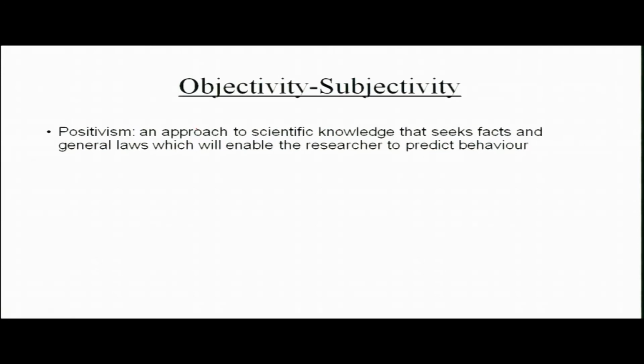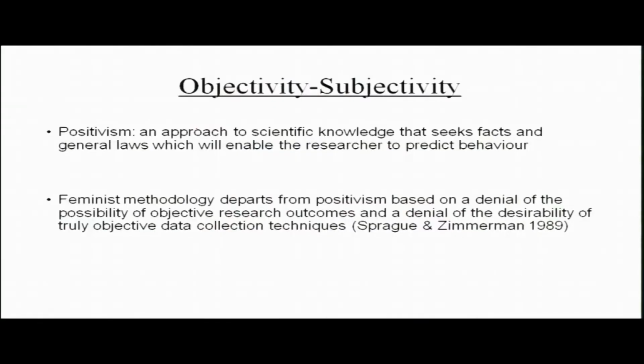Positivism was one of the classic premises forwarded by earlier sociologists, and this approach of using a scientific knowledge base to predict human behavior, seeking facts and general laws, was one of the first attempts to understand the object subject relationship.